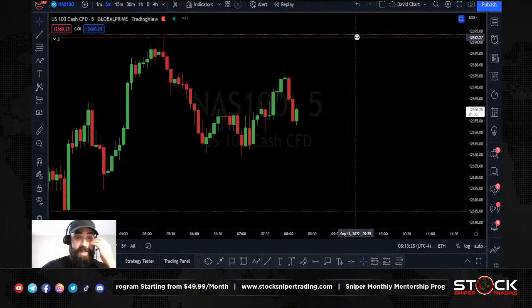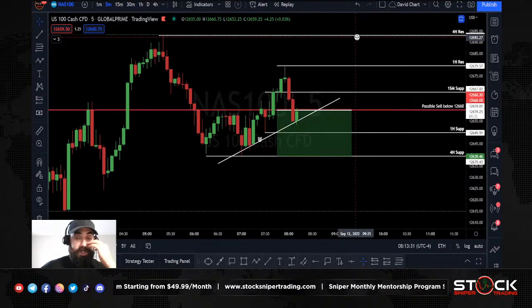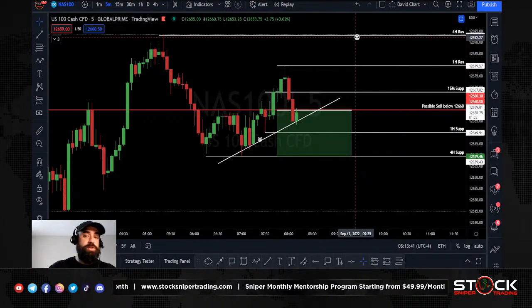Let's take a peek at NAS. Okay, and we're now testing, still holding that level of 12,660. I'm not in anything right now, guys, other than NASDAQ sell an initial smaller lot. I did a US 30 sell this morning. That was about it.